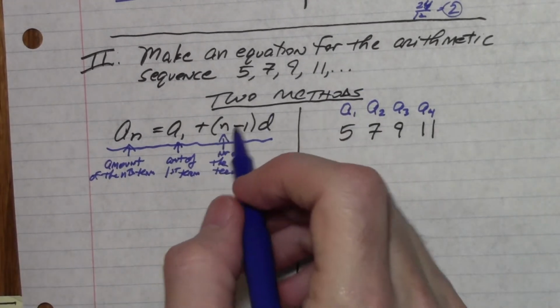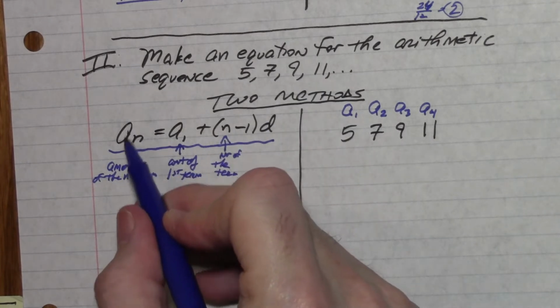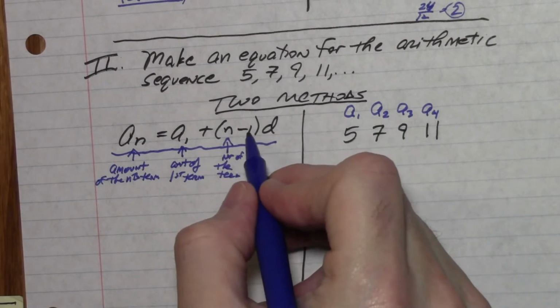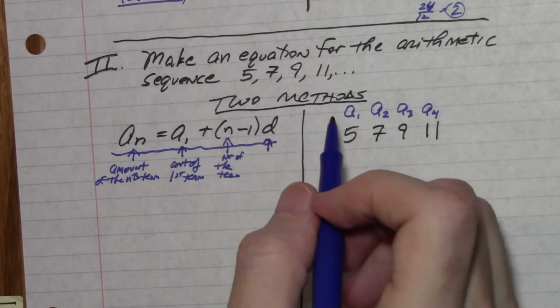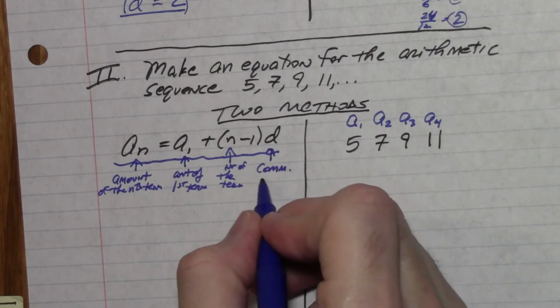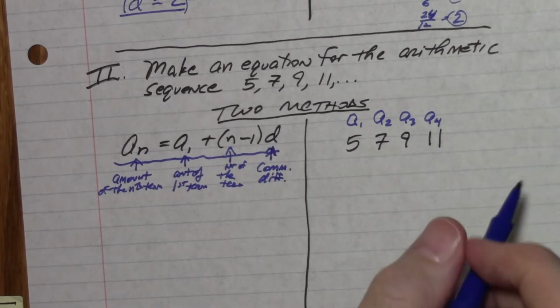So if we wanted to know the amount of the fourth term, we already know that the fourth term is 11, so this would be an 11, and this would be a 4. And then it's minus 1, and then this, of course, is the d, the common difference.